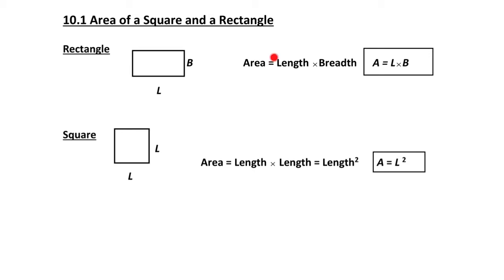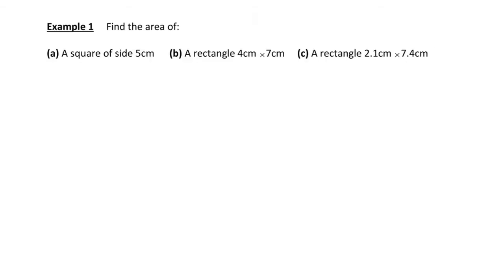So we could use the rectangle formula for area, so it would be length times length. But anything multiplied by itself is itself squared. So whenever we do length times length, it's length squared. And in terms of notation, it's just going to be A equals L squared, where L is the length of any of the sides. So example 1, find the area of the following.